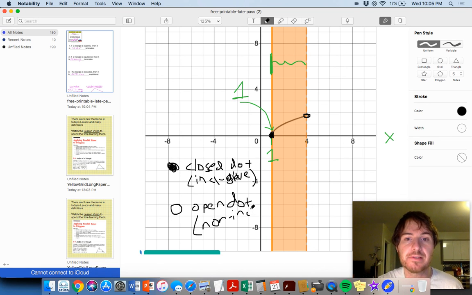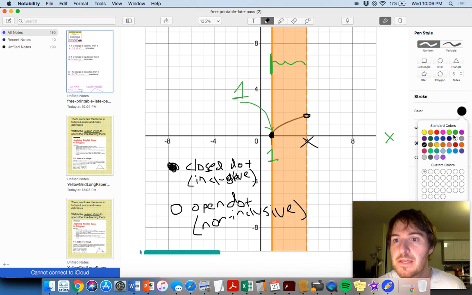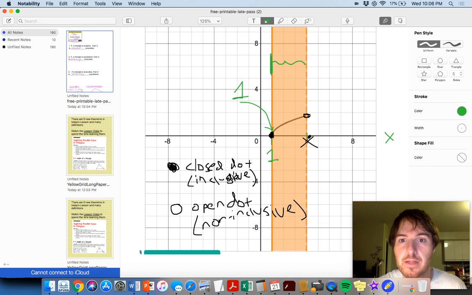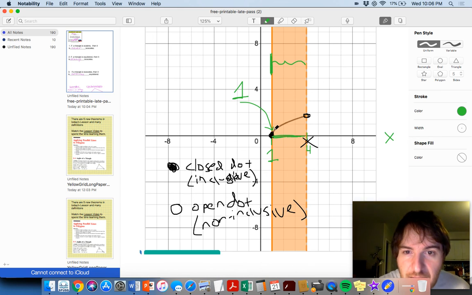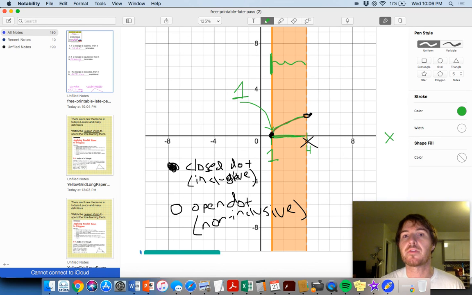I'm spending probably a lot of time on this one because I anticipate people getting confused when they get to this slide. But this is non-inclusive right here. So that means that 4 is not included in this actual function, but everything else is. We have values starting here and going all the way up to where we see that circle, and then it ends here.